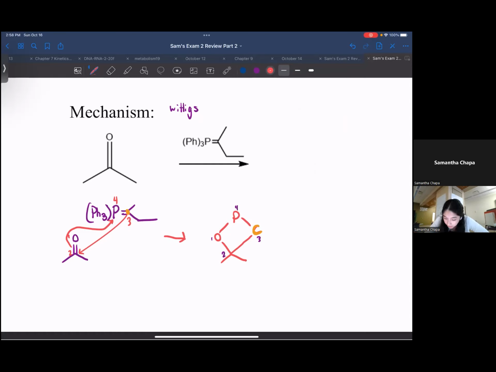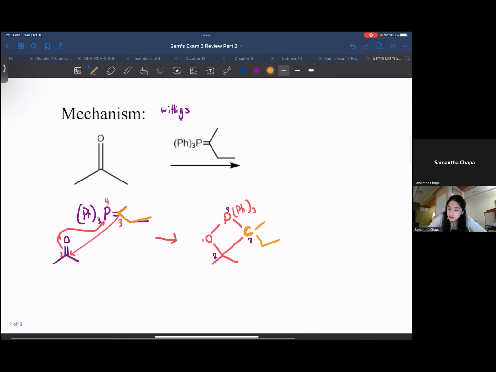Okay, so on phosphorus, I'm going to put my PPh3, my 3 phenyls. On the carbon that was attached to the phosphorus, there is a methyl group and an ethyl group. And I believe we're good right now. Okay, so this is a concerted reaction, so we won't take long on this mechanism because it's all going to happen at once.